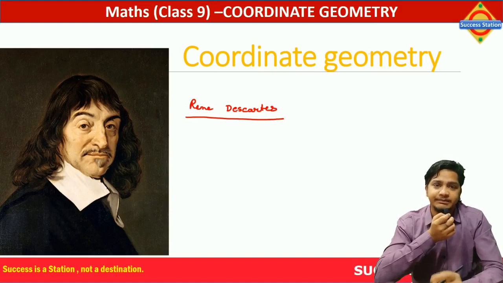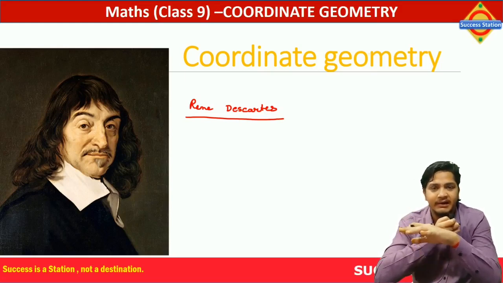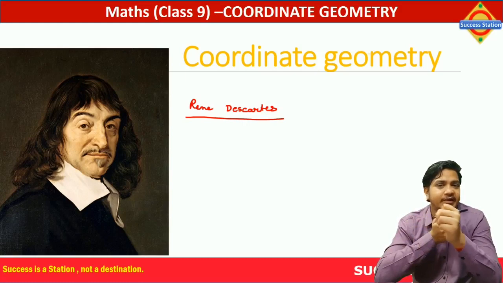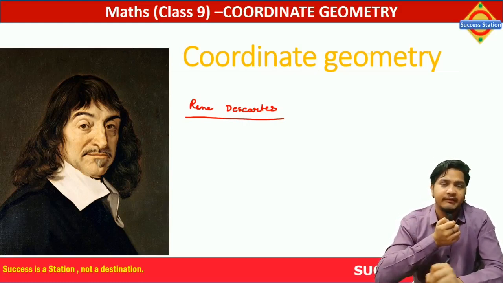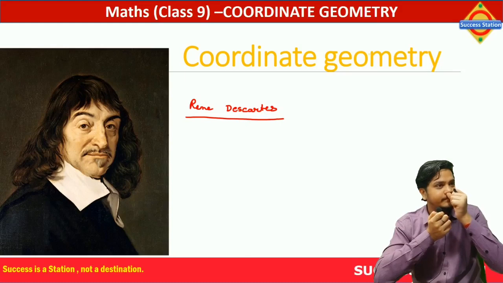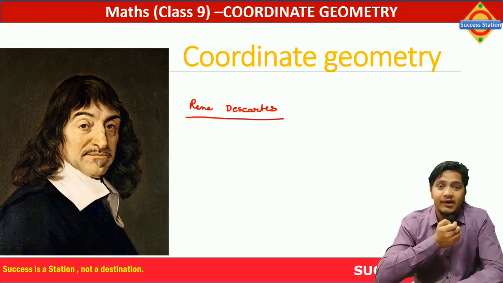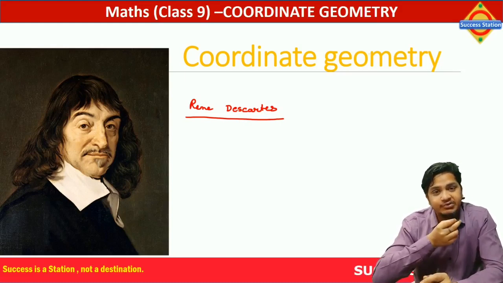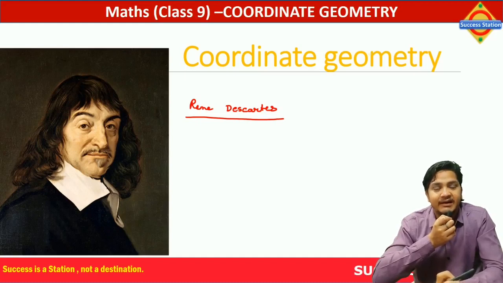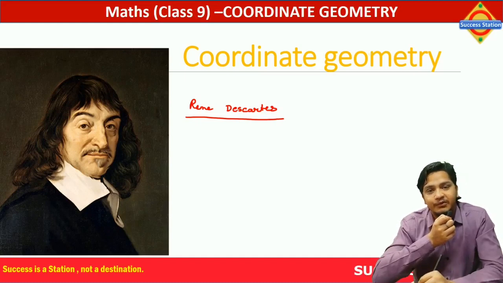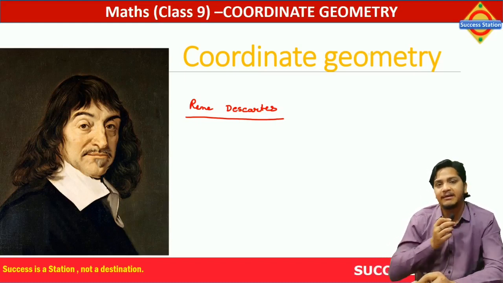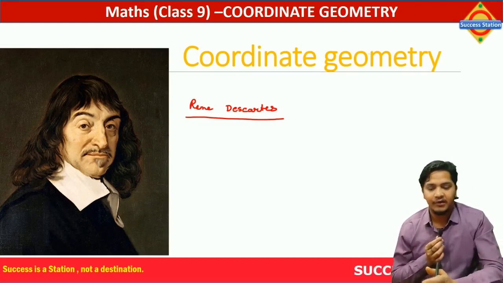He was looking towards the roof where the insect was moving. So his roof was somewhat like marked, like gradations were there, like a chessboard. There were markings on there. So like a graph paper. So he got the idea of locating a point or this coordinate geometry from there only, right? Because he was locating the insect, that okay, it was at this point, then it moved to that. So that gave an idea about coordinate geometry.